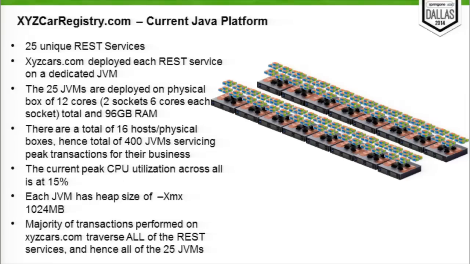When I first engaged on this platform, and this is where the platform engineering hat comes on, I asked, what is the CPU utilization across your 16 physical hosts? And they said 15%. Immediately, I knew that they had a fragmented scale. What do I mean by that? They had overscaled out. And I said, what's your response time like?